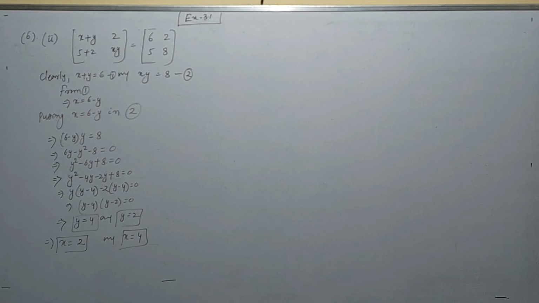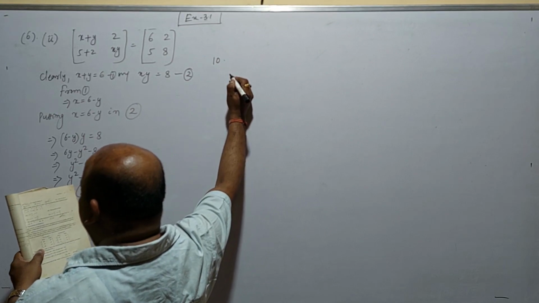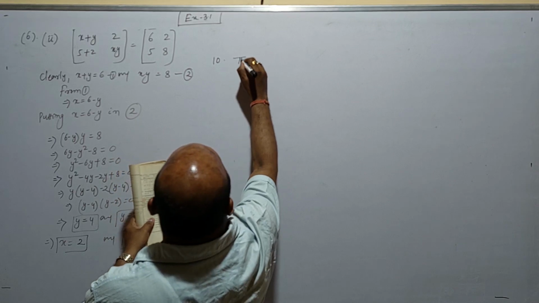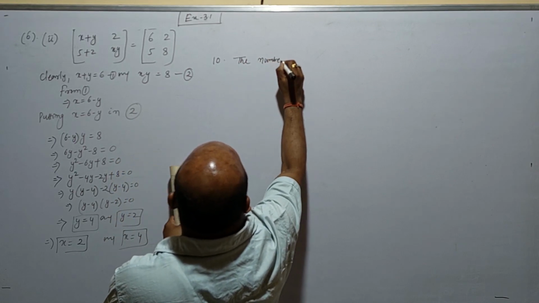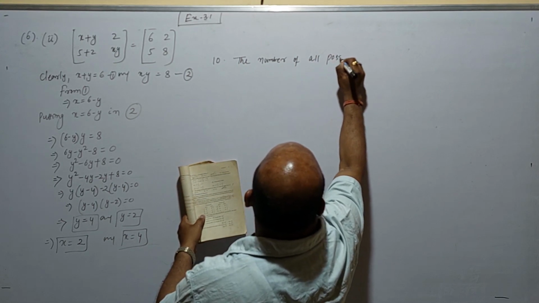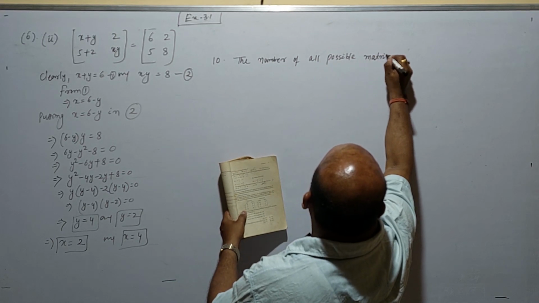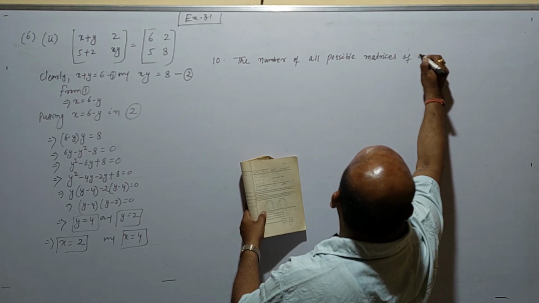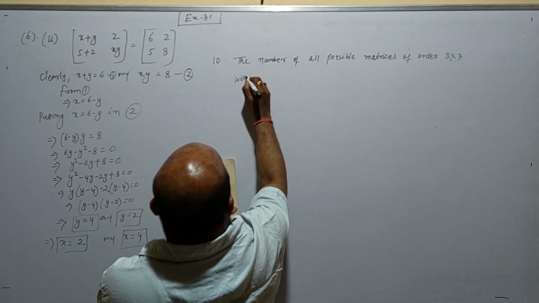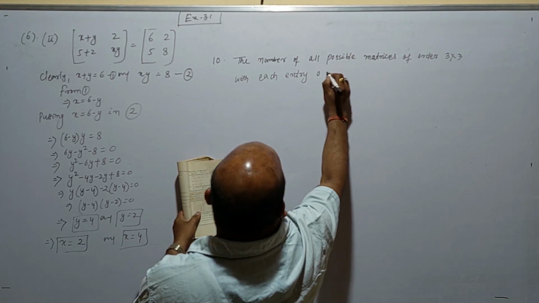Now come to, students, one of the most important questions, question number 10. The number of all possible matrices of order 3 by 3. I am writing the question now, very important one: the number of all possible matrices of order 3 by 3 with each entry 0 or 1.